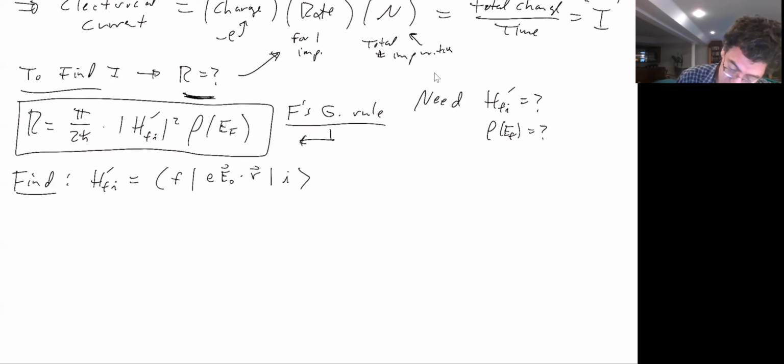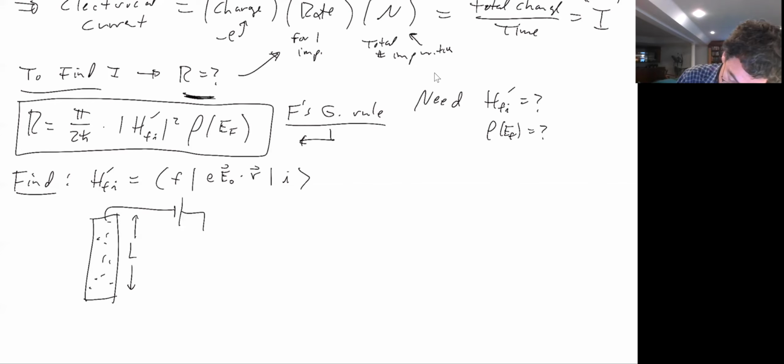And so let's do the situation. The idea is that we have some chunk of silicon with a lot of impurities in it, and that chunk of silicon has a length, and then it goes to our battery and our current meter, and it's an electrical circuit, and the light is hitting it. Now the light has a polarization.